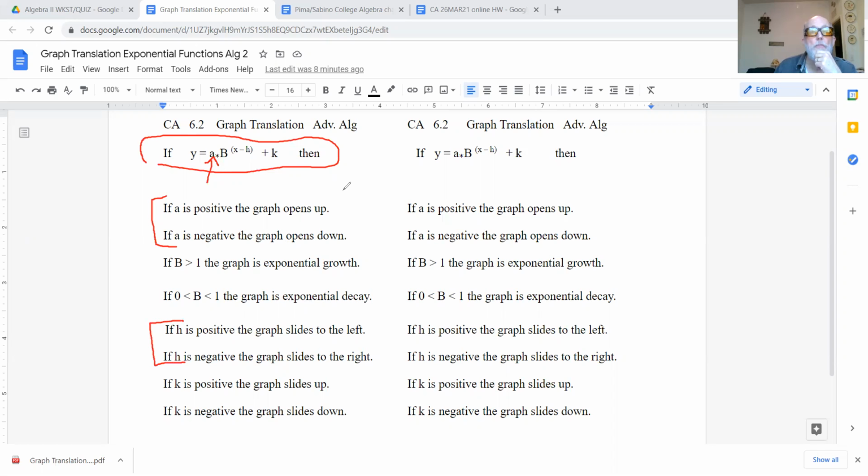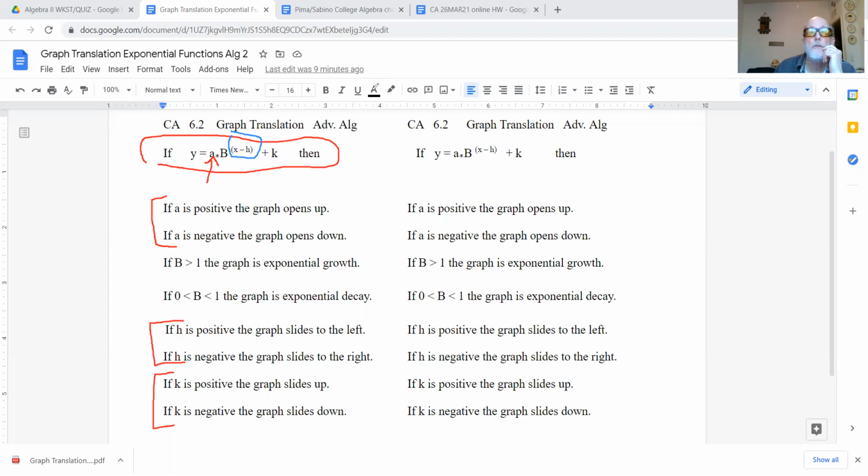H, remember H is the little number right here inside the parentheses. So when you add or subtract H, it moves things left or right. And then K is the number that's outside, and you're adding that at the end.